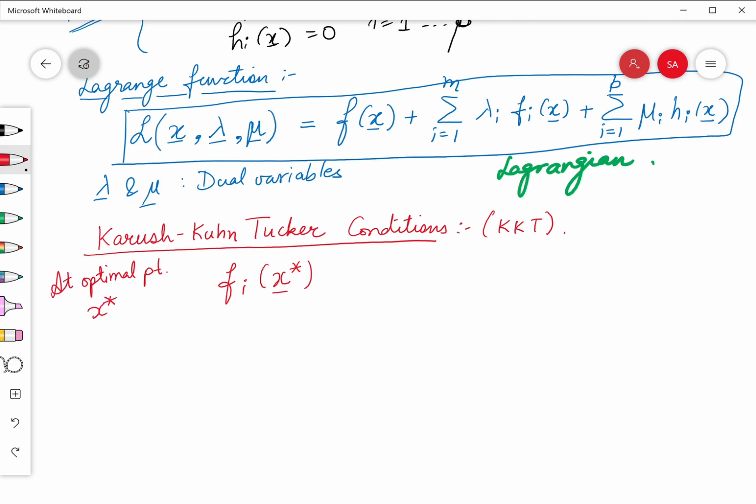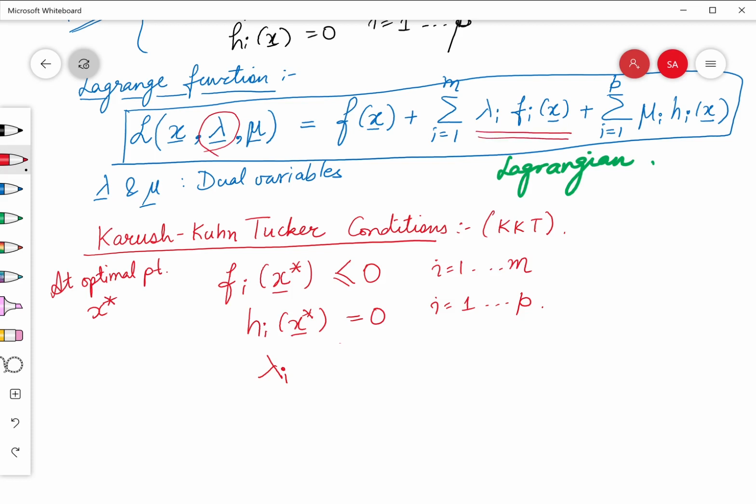at the optimal point x star, fi of x star should be less than or equal to 0. This is from the constraints, so the constraint should be met. Again, hi of x star should be equal to 0. Then it says an interesting thing. The lambda, the dual variable associated with the inequality constraints, should be greater than or equal to 0 for all i going from 1 to m.